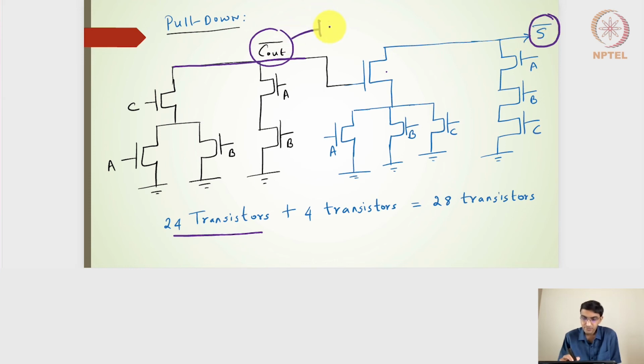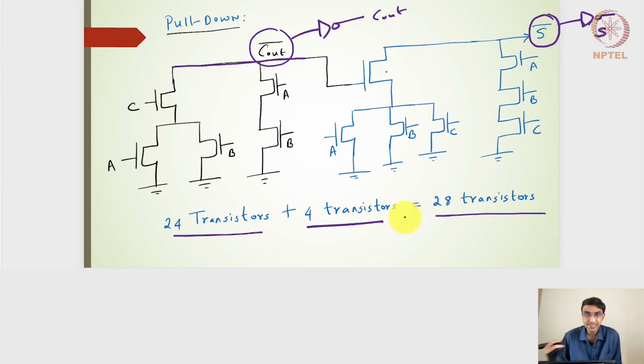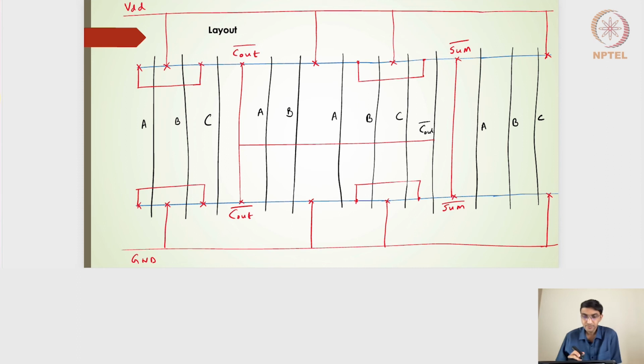And then if I connect an inverter here to generate C out, and an inverter here to generate the sum, I will have to spend 2 transistors here, 2 transistors here. So I'll have to add 4 more transistors, and finally within 28 transistors I get the C out and the sum expression. Right, so the C out logical output and the sum logical output we will be able to extract with the 28 transistors.